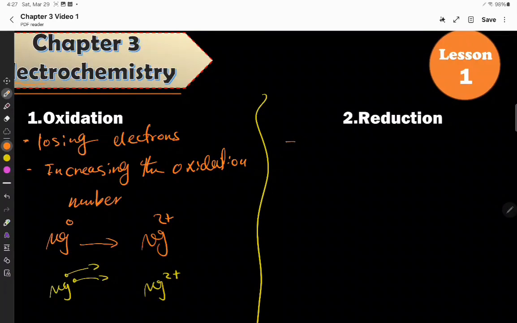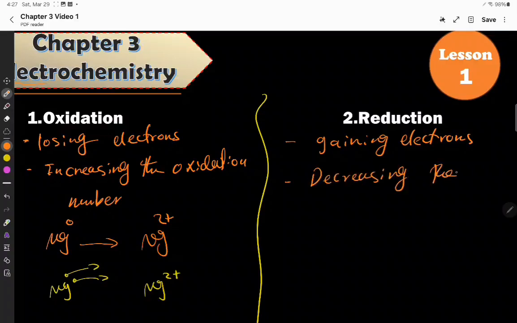We can define reduction by gaining electrons, or we can say decreasing the oxidation number.